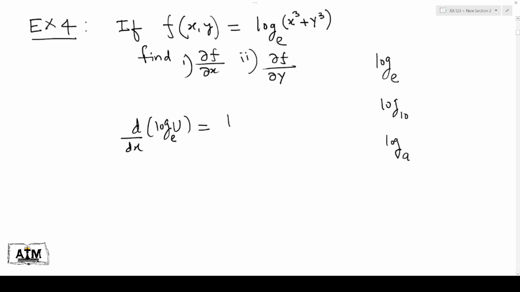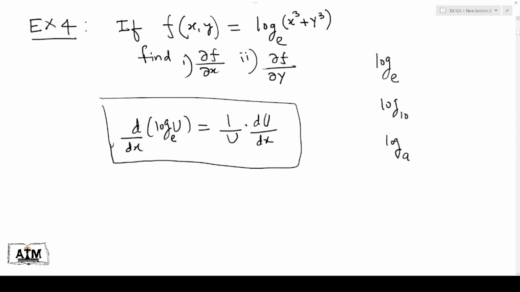That is, the derivative of log u is nothing but 1 upon u multiplied by the derivative of u with respect to x. So this chain rule we are going to use to solve these partial derivatives.